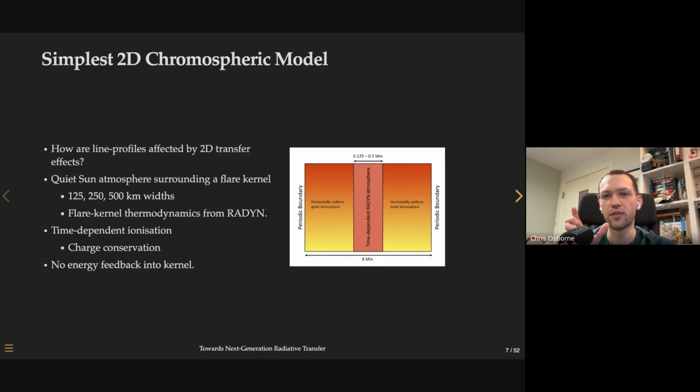We varied the widths of this kernel that we put in, and the quiet Sun region was fixed to have no evolution in terms of fluid flow. So all we were considering really was the radiative effects on it.